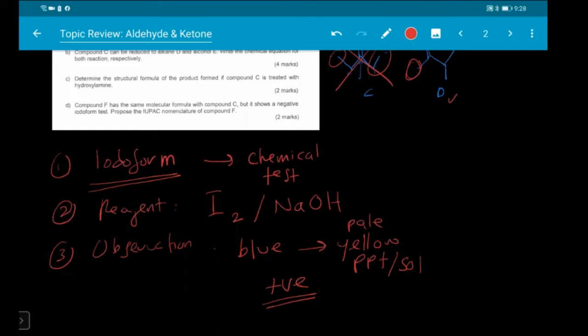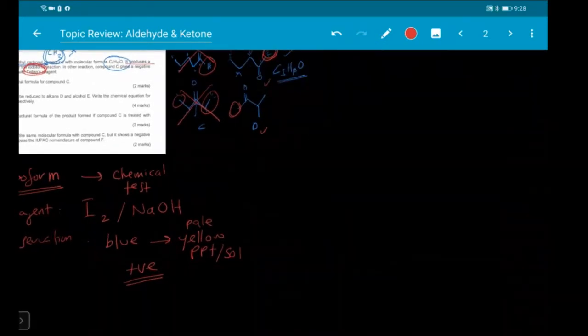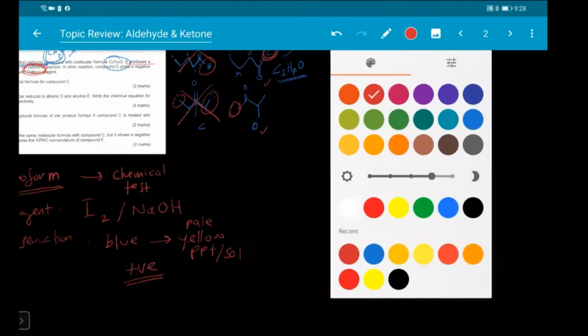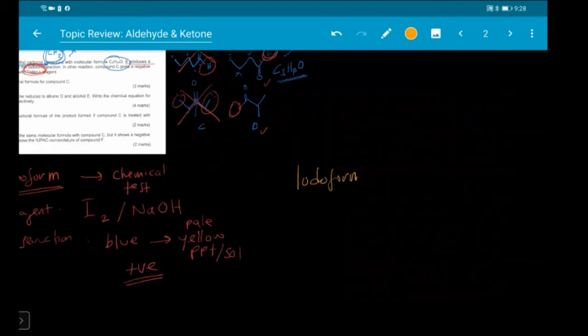Okay, untuk pengetahuan semua, untuk sesi ni aku banyak cakap ni nak explain benda sikit. Alright, the iodoform can apply towards both aldehyde dengan ketone.